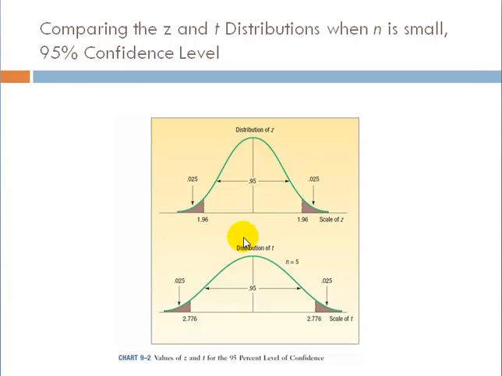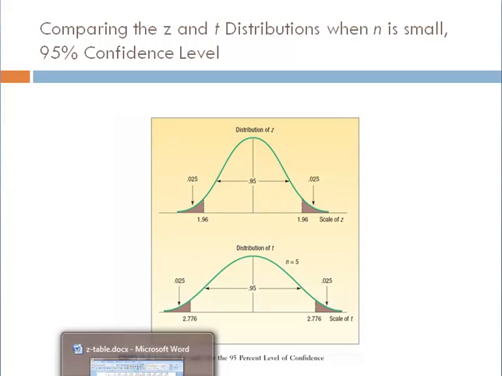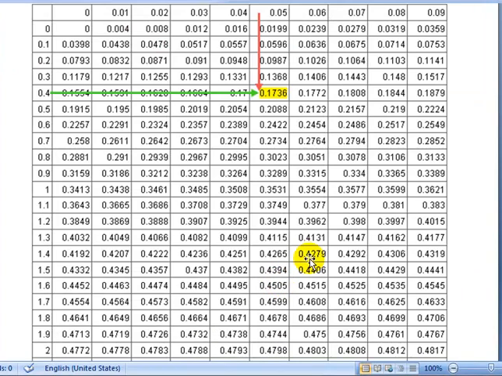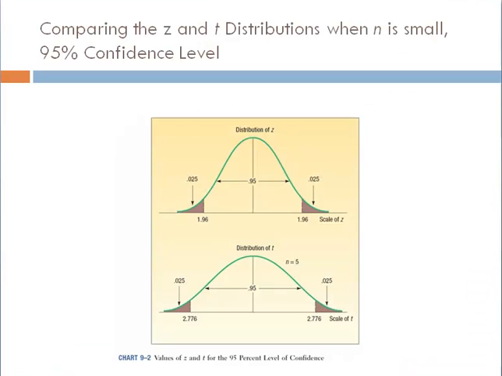So that's why we go to the z-table to find the 0.475. Then that's how we found the 1.9 and so on. Shown graphically here, this part is 0.475. So we get the 1.96 z-value for this.